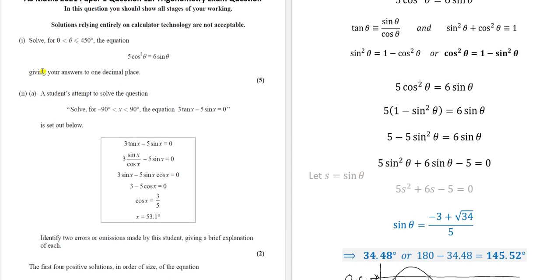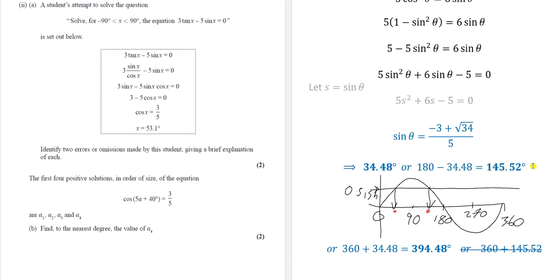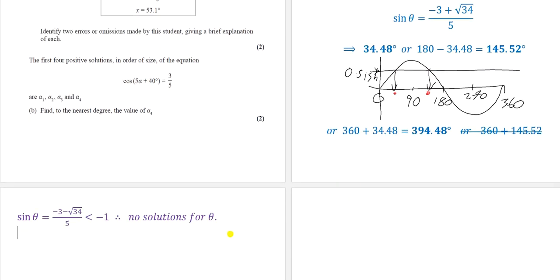The final thing to mention is that it tells you to give your answers to one decimal place. Depending on the mark scheme, they'll sometimes be lenient if your answers round to the correct value to one decimal place. But when we get to the final line for our solutions, we want to make sure we've not only solved the problem we were given, but we give our answers in the required form.